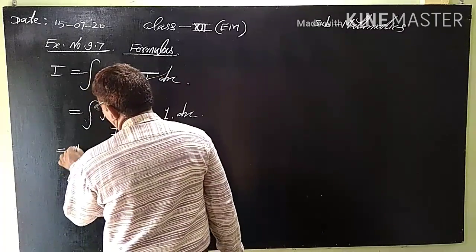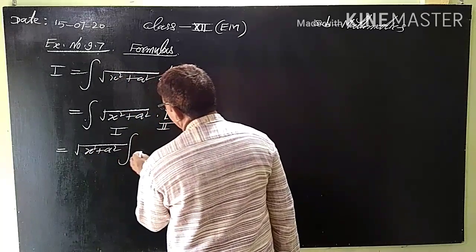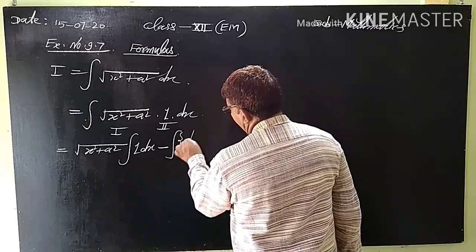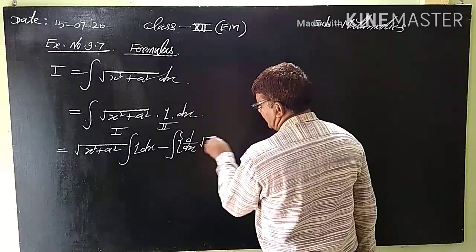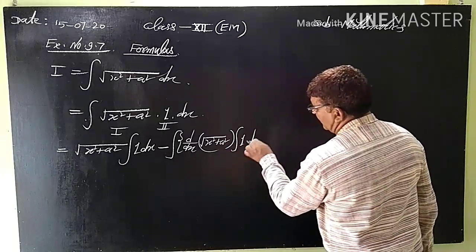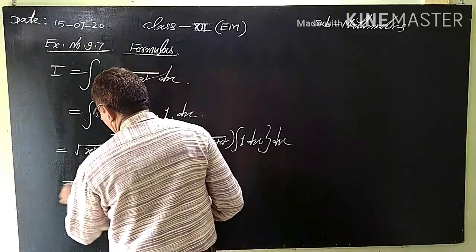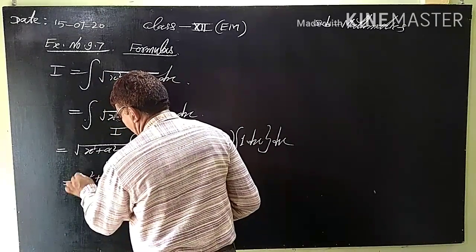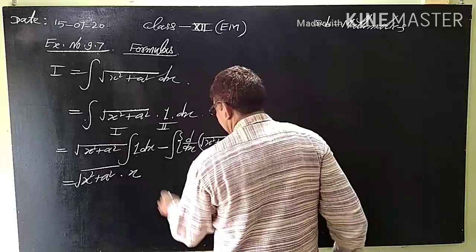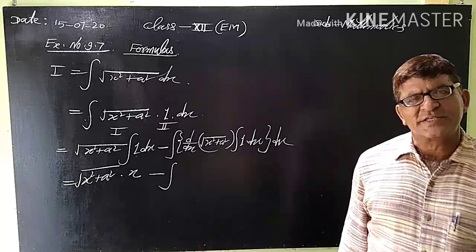Now under root x square plus a square, integration of first into integration of second dx, minus dy by dx of first into integration of second, whole dx. It is equal to x square plus a square whole under root into integration of 1, equal to x, minus dy by dx of under root x square plus a square.